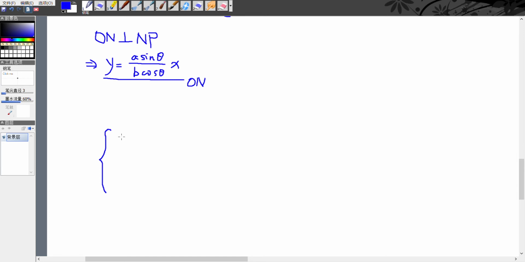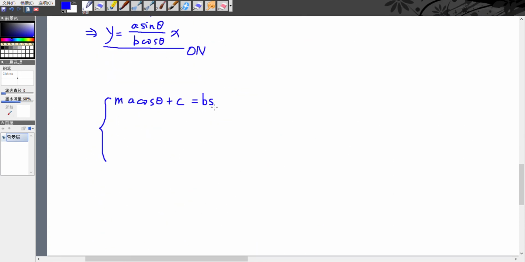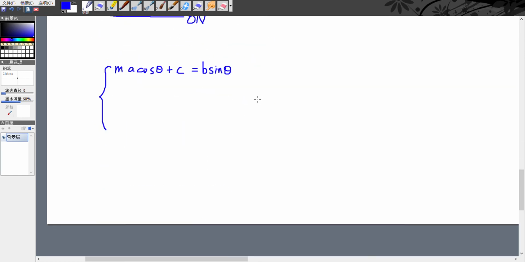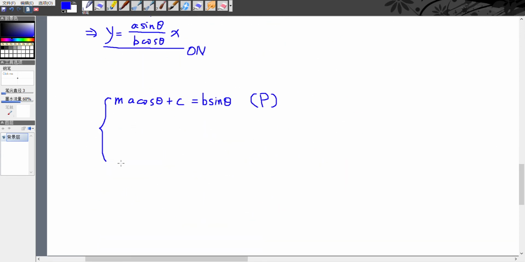By substituting it, we will have m times a cosine theta plus c is equal to b sine theta. And this is the relation from P, and the relation from S is just m times negative ea plus c equals 0. And this is from S because S has coordinates negative ea, 0.